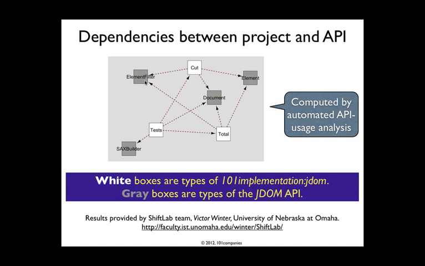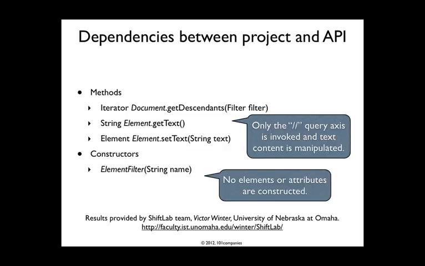Okay, now we can imagine that we can also ask more specific questions, not just about types, but we could now also look at methods. So here's an automatically extracted list of methods and constructors used by the implementation at hand. So we see that we use the getDescendants method to indeed retrieve all the elements, using element tag salary.